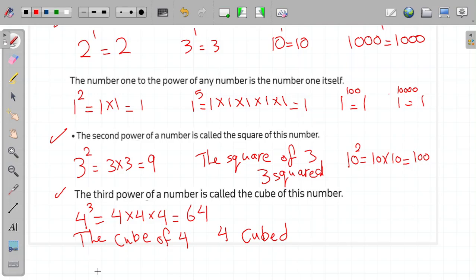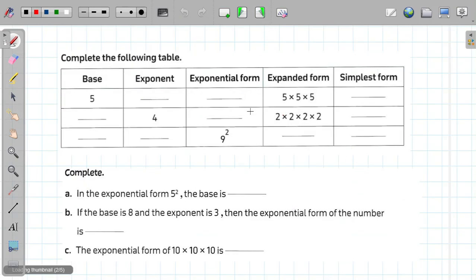Okay. Next, I have these examples on exponents. The first one is to complete the following table. I have 5, the base number, and I don't know the exponent, the exponential form, or the simplest form, but I know the expanded form.